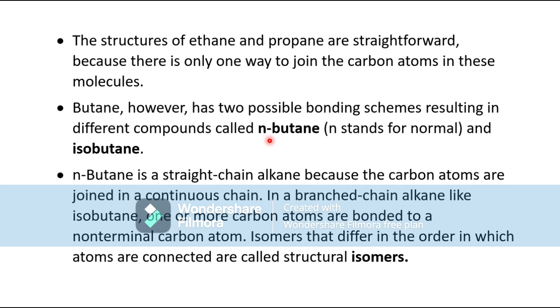The n-butane is a straight chain alkane because the carbon atoms are joined in a continuous chain. In a branched chain alkane like isobutane, 1 or more carbon atoms are bonded to a non-terminal carbon atom. Isomers that differ in the order in which the atoms are connected are called structural isomers.